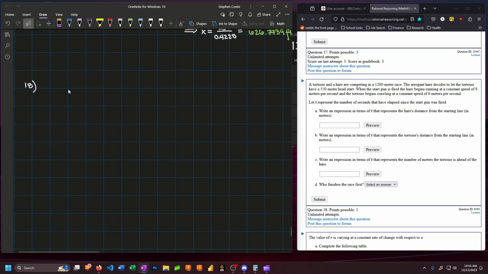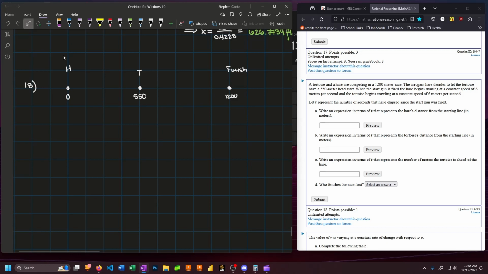So let's draw this. This is 0. This is where the hare is. We'll say that the tortoise is over here. This is 550 meters. And the total race distance is 1,200 meters. This is the finish.